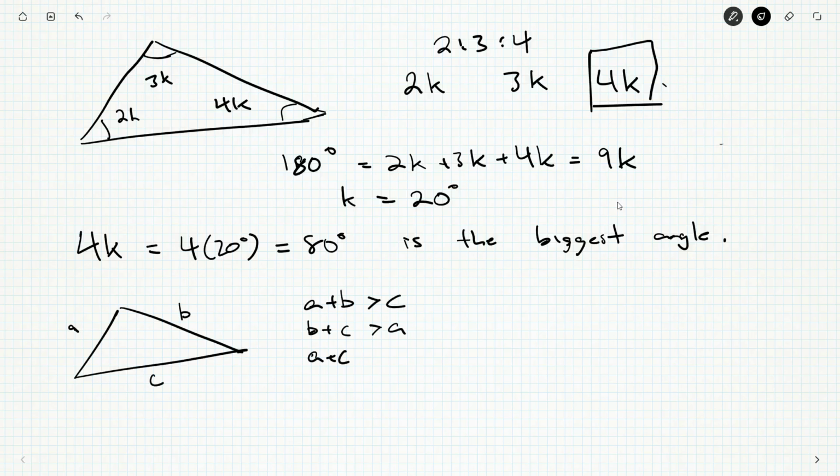And the last one is A plus C greater than B. Now, in practice, if C is the longest side, you just need A plus B greater than C. Everything else comes automatically from C being the longest side, but these are the triangle inequalities.